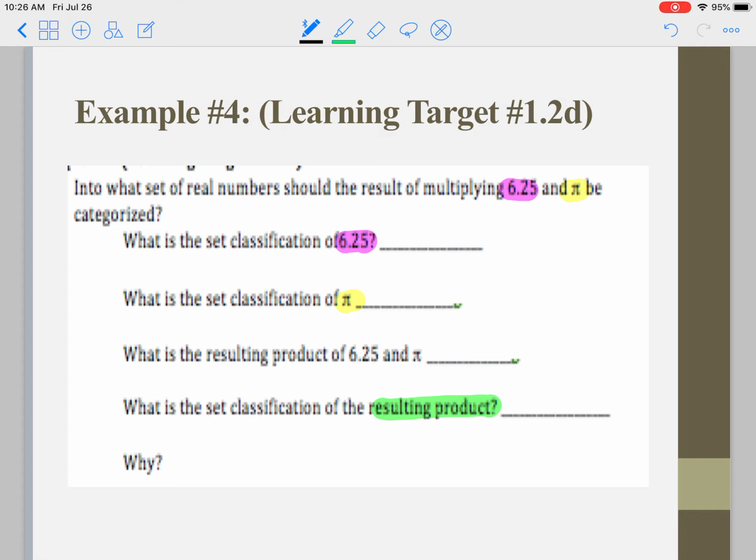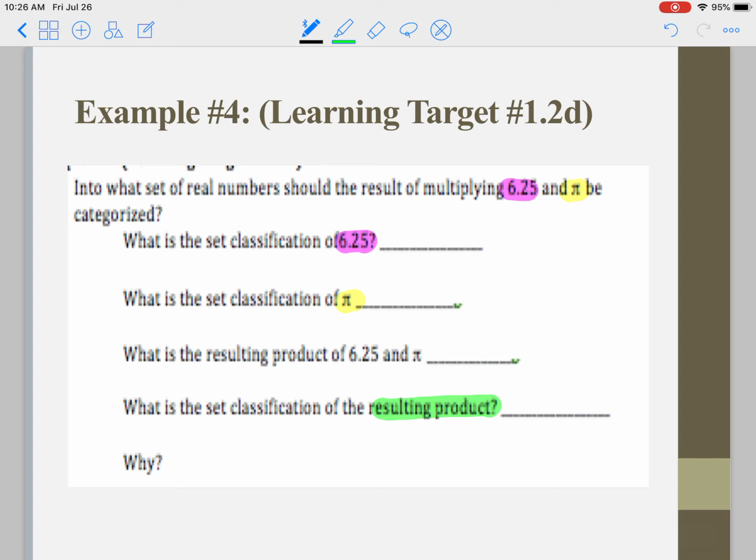Thinking about 6.25, we see that it is a decimal, and decimals are categorized as either rational or irrational numbers. The definition of a rational number is a decimal or a fraction written in decimal form that either terminates or repeats.